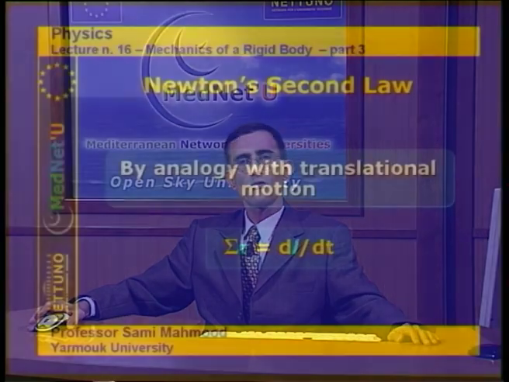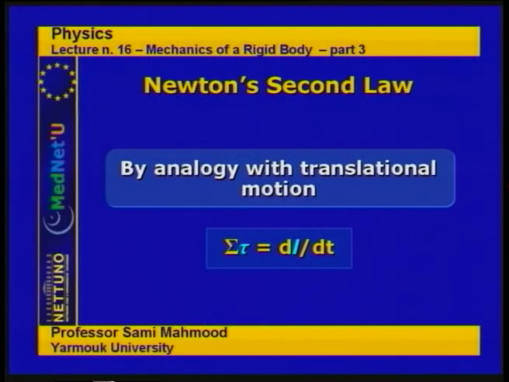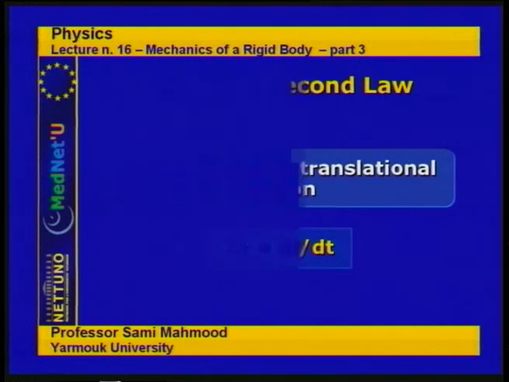Also, this formula can be obtained by looking at the definition of L, the angular momentum, and deriving it, and we can get the left-hand side, the torque, by making the derivation right away from the definition of L, the angular momentum.